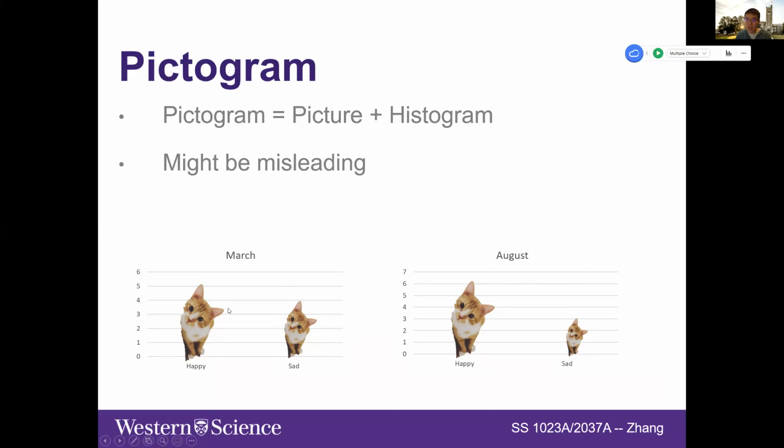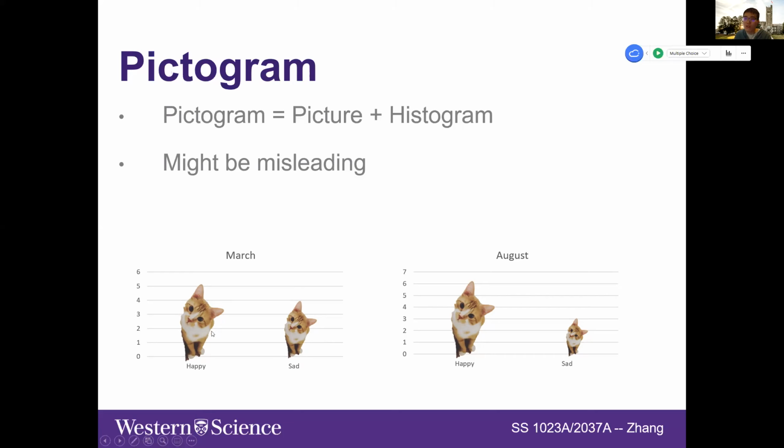But as you can imagine, there could be a problem. If you do it this way, you can see that this cat is much bigger than this cat. It seems like Cheeto is very happy in March in the sense that the area of this graph is really larger than this one. But this is very confusing and misleading, because we use the height to define the count.